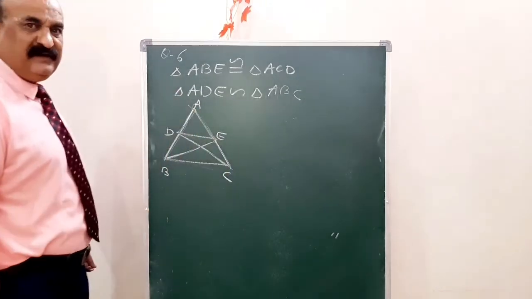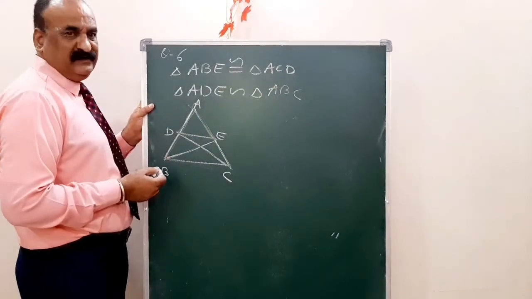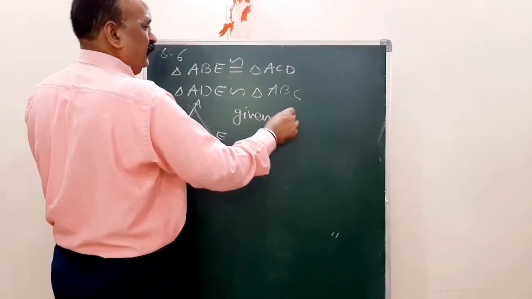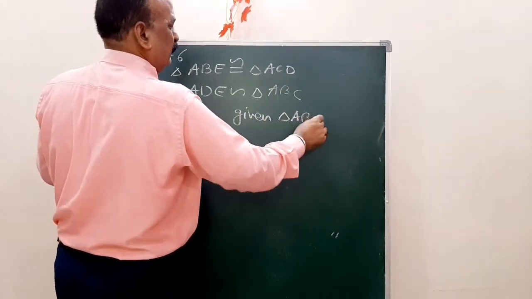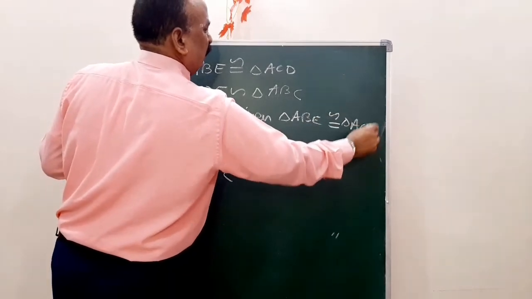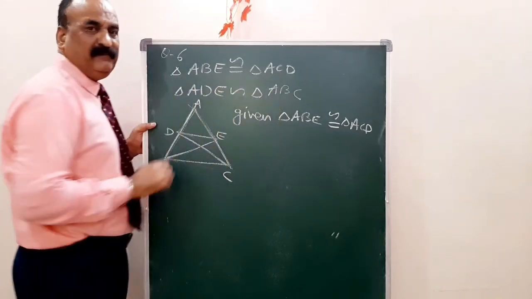Let us see. Given that triangle ABE is congruent to triangle ACD, and you have to show that triangle ADE is similar to triangle ABC.